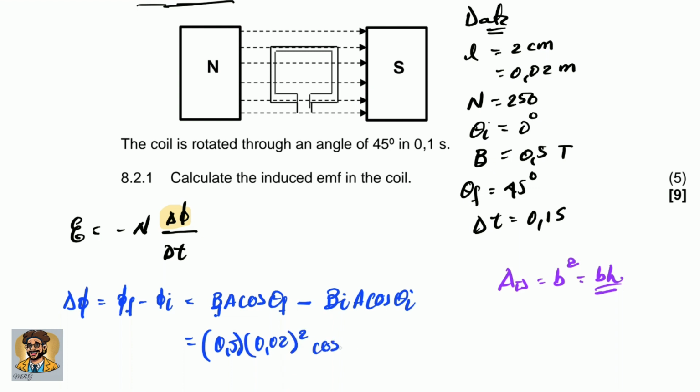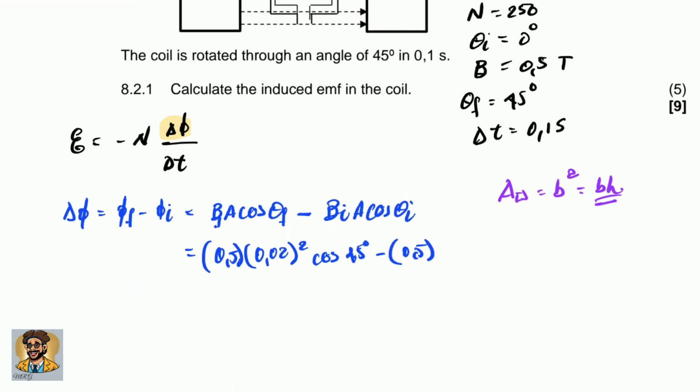Cosine of the final angle, 45 degrees, minus, and you can use 0.5 as a common factor here, multiplied by the area, which is 0.02 squared, multiplied by cosine of 0 degrees. That was the initial angle.